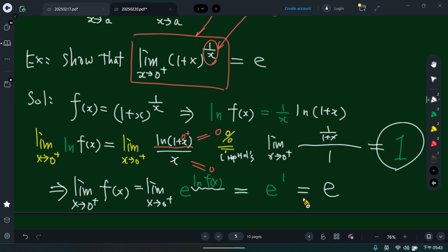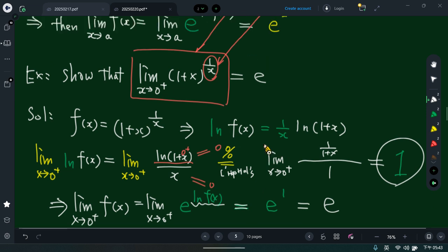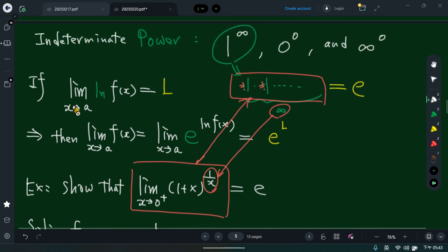Okay, so you can see two processes. Originally, you want to get the limit as x approaches a of f of x, but you can try to calculate its ln limit. Originally, you want to get this one, the yellow part. But since it's about a function with some power, we try to bring the power part down to the ground, so we check its ln value.